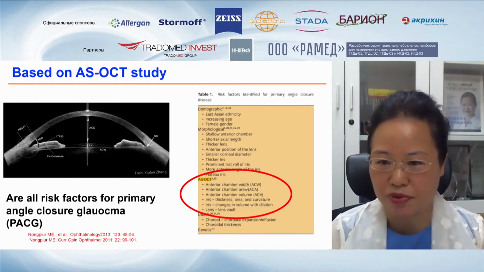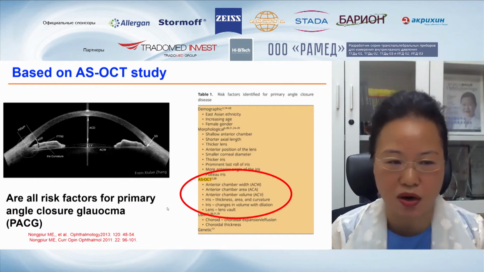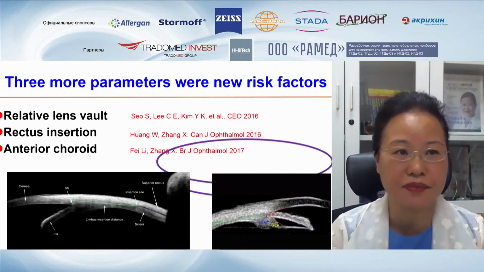Based on AS-OCT studies, people have found anterior chamber width, area, and volume, iris thickness, area, and curvature, iris change in volume with dilation, and lens vault are all risk factors for PACG.